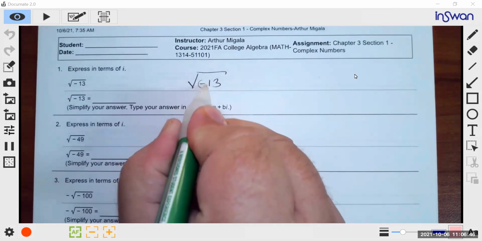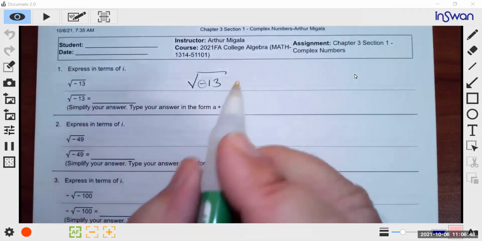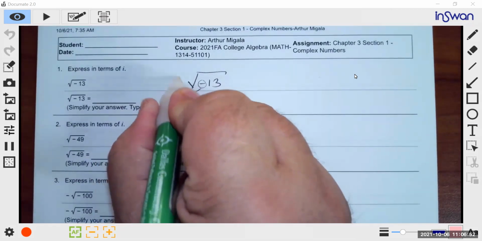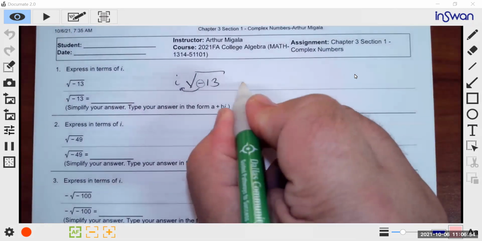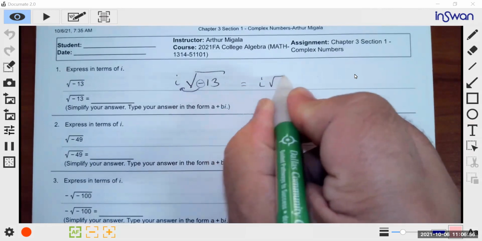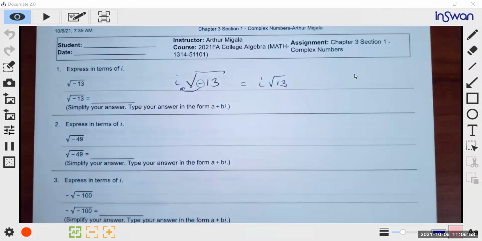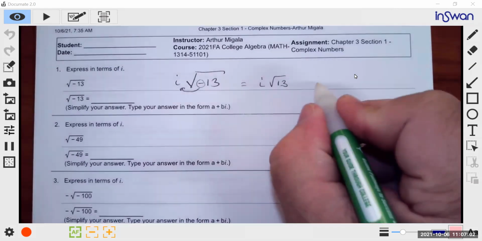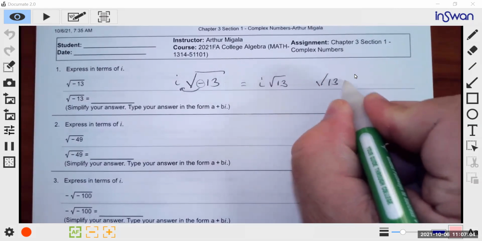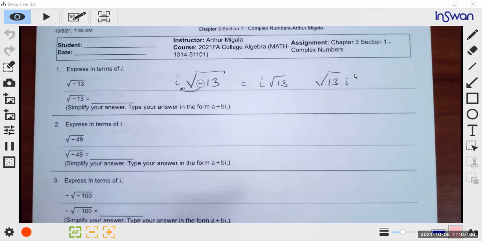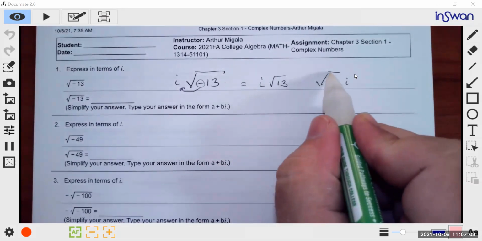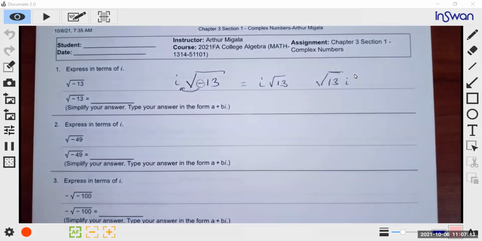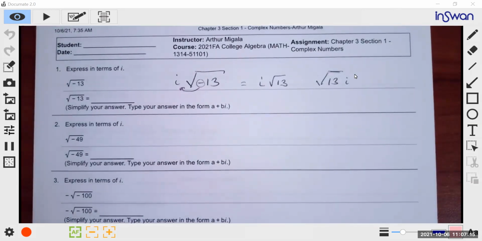Whenever you have a negative inside a square root, what do you do? Take it out and it becomes an i. So we have i square root of 13. You could write it square root of 13 i, but there's a problem where this dividing symbol may overlap the i.